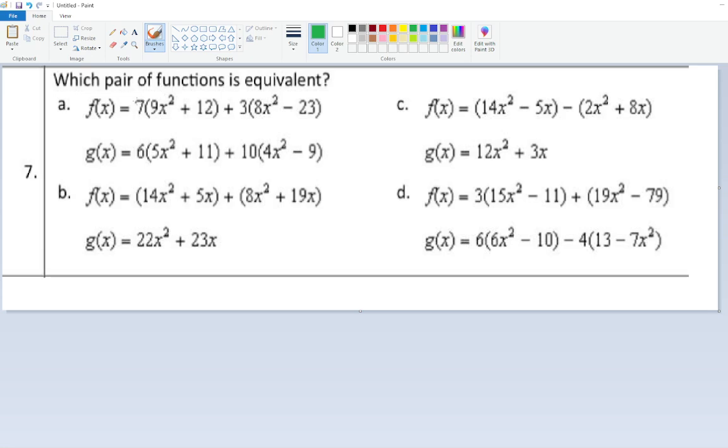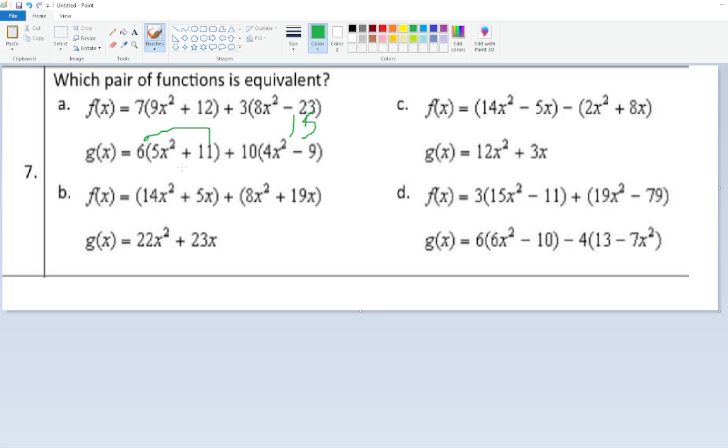So for instance, it would be 7 times 12, which is 84, and then plus 3 times minus 23, which is minus 69. So 84 minus 70 would be 14, so minus 69 would be 15. That means the numbers should match. I should have a 15 on my bottom one too.